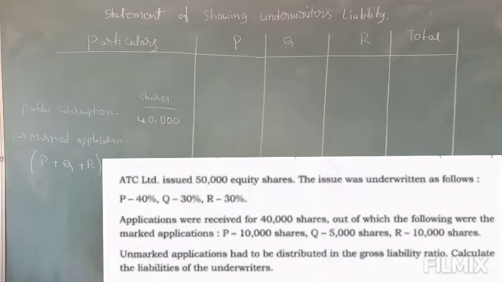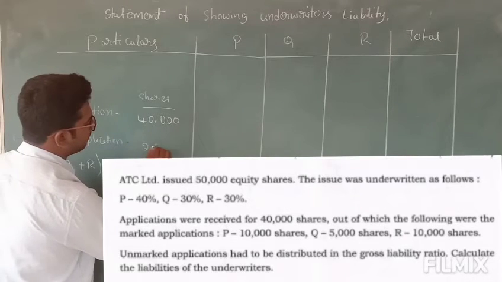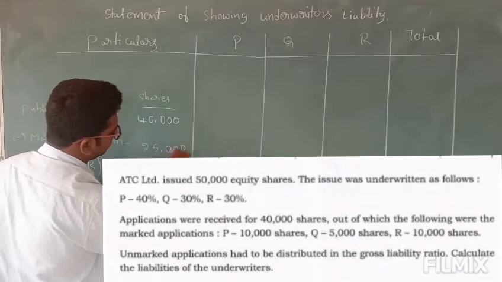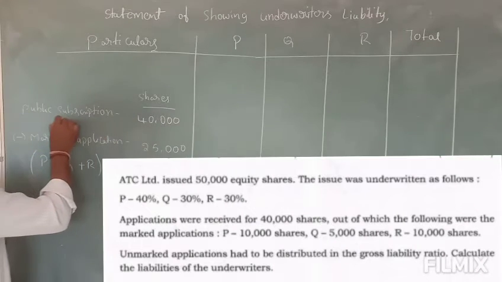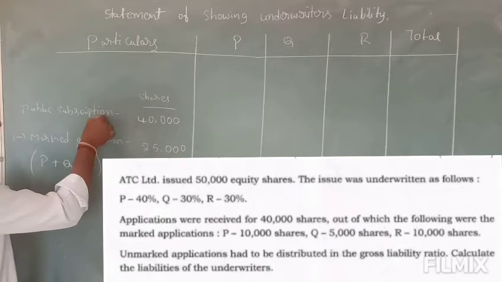Look at the question. You have marked applications of P, Q, R: 10,000, 5,000, and again 10,000. So the total becomes 25,000.